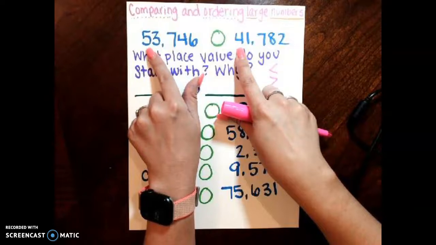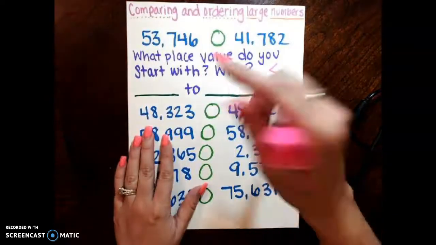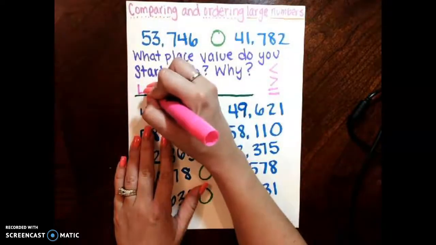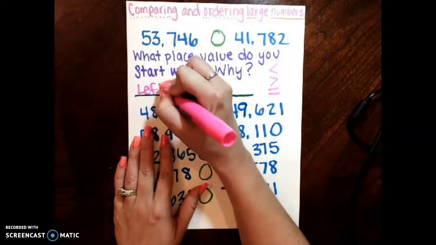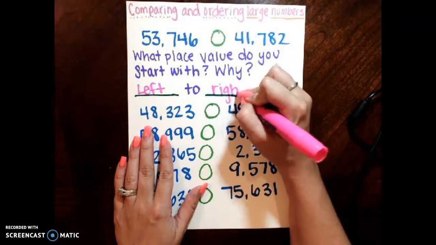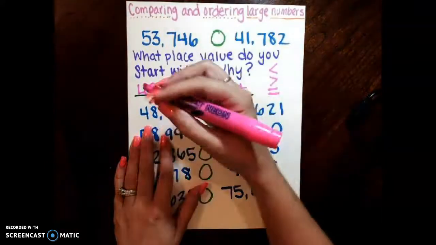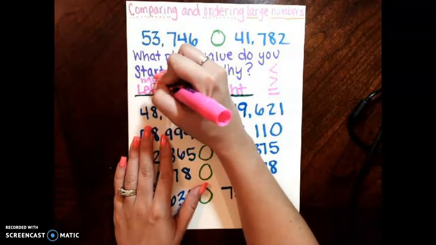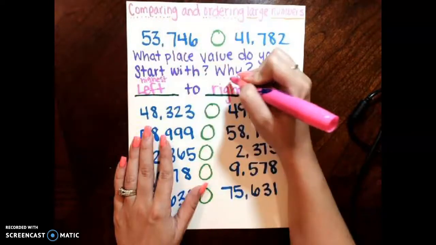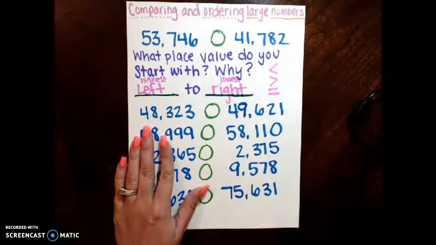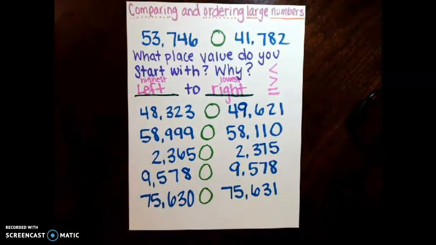So for this, we'd be looking at the 10,000s place, okay? So we're actually going to go from left to right, or you can say highest place value to the lowest place value, whatever way you like to say it, okay?